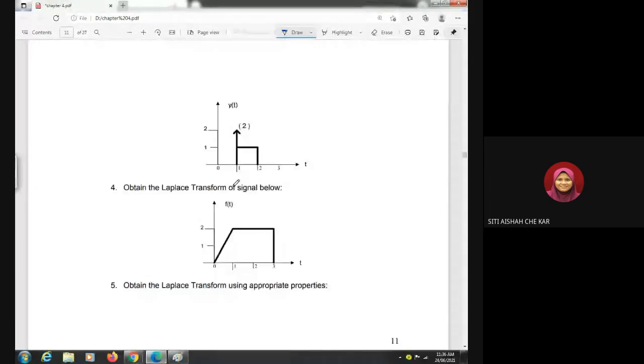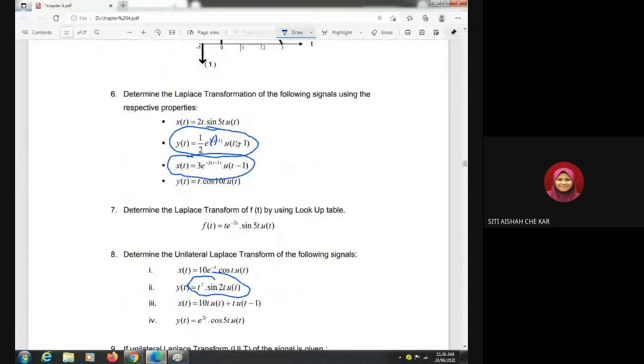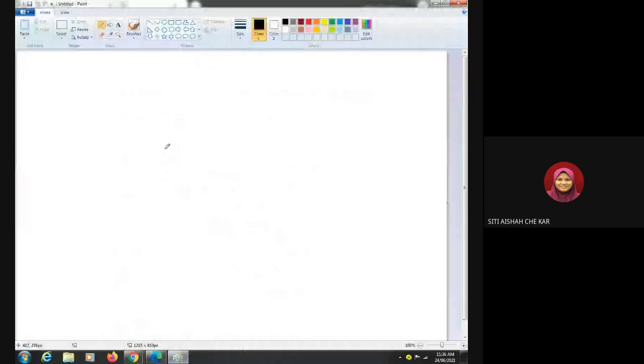Katakanlah soalan ni 1/2 eksponen t plus 1. Biasa kalau time domain dia ada titik u t plus 1.